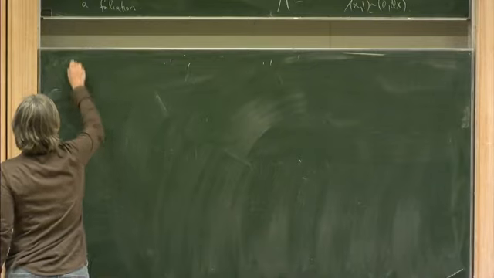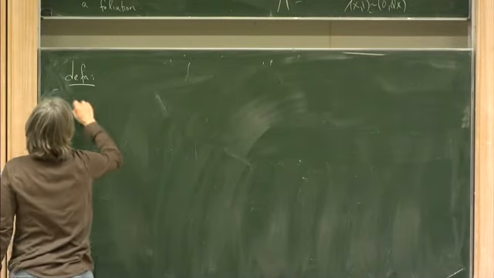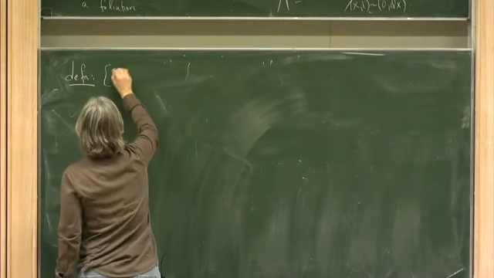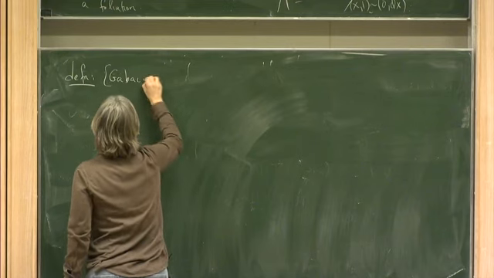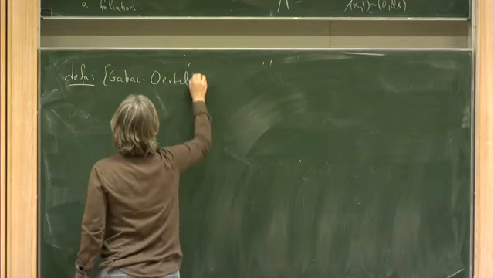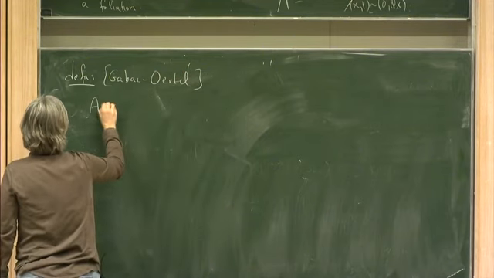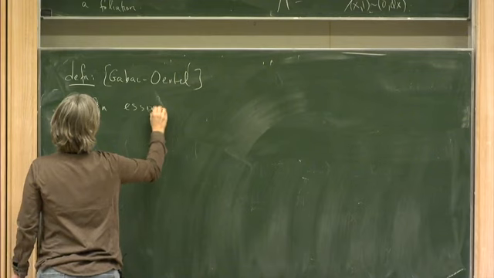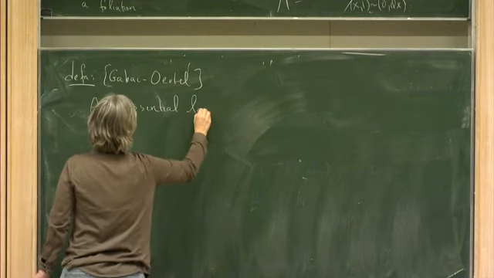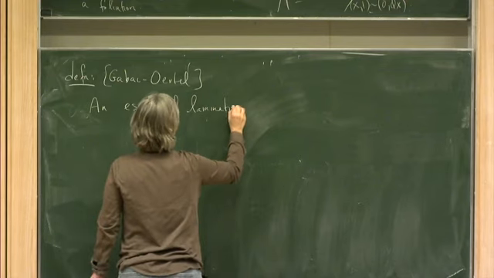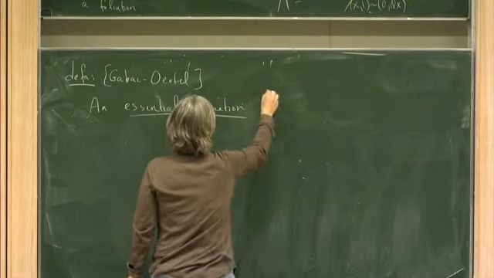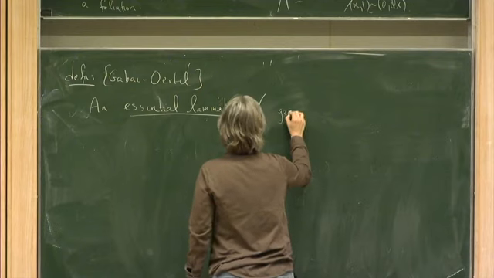And we've got a definition of what we mean by, and so I guess this is Gabai's definition of an essential lamination. So we're thinking really of a generalization of Reebless foliation.